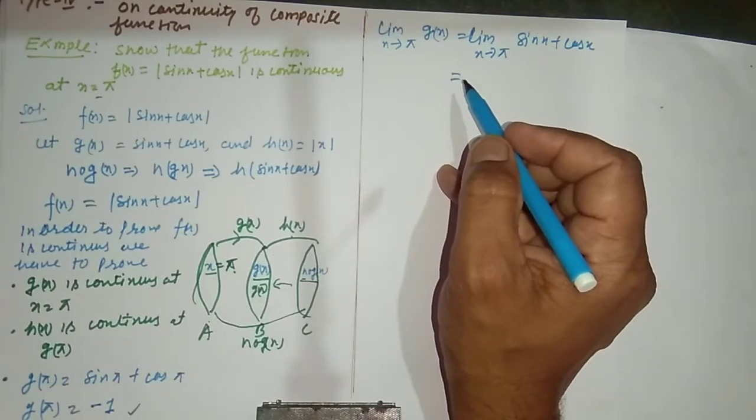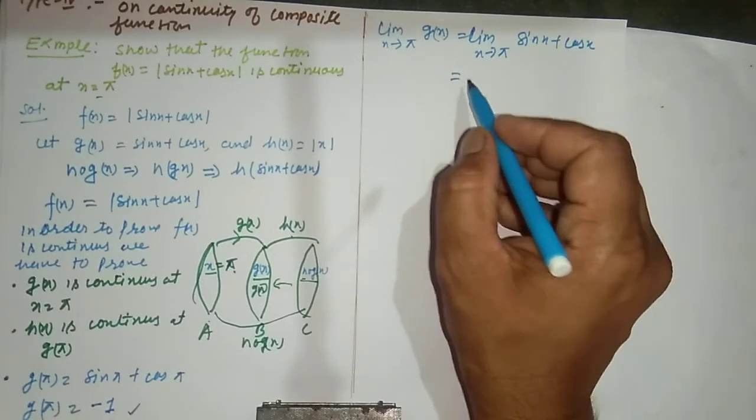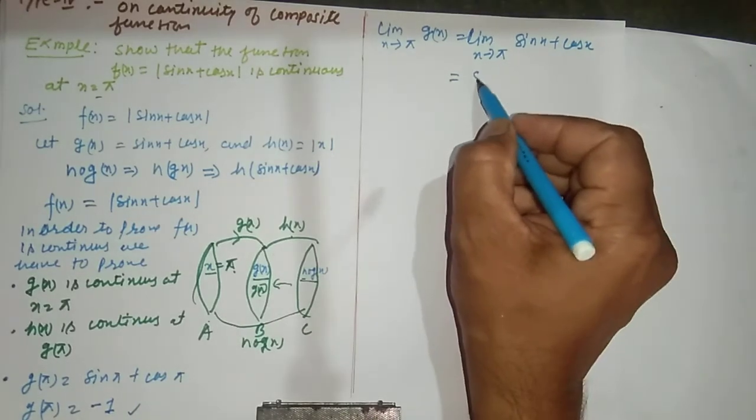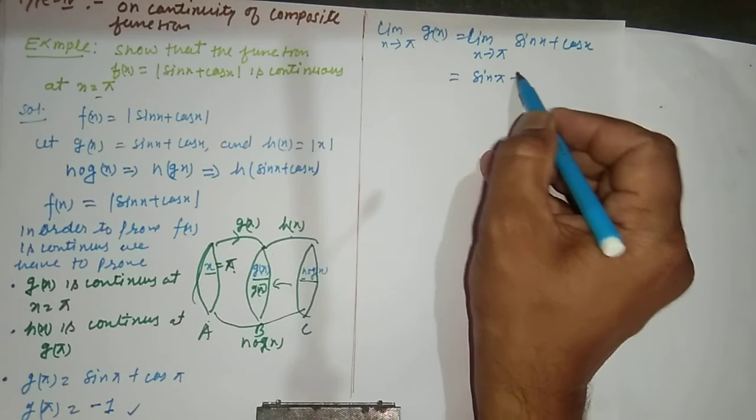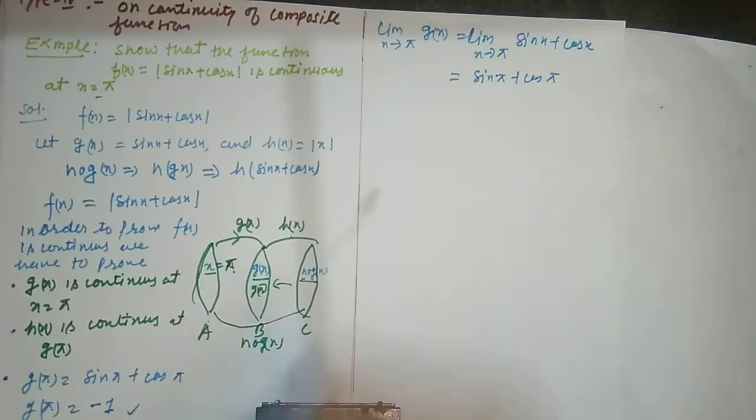Now what we have to do? We have to put in the values directly: sin π plus cos π. Clear?